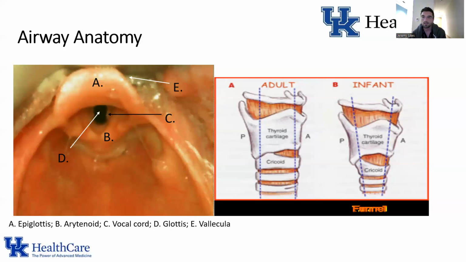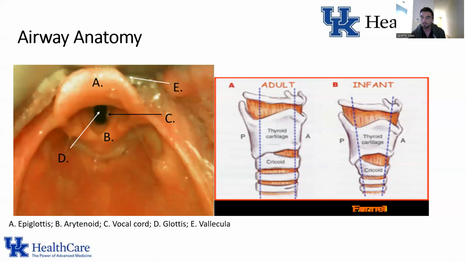So, a brief review of normal airway anatomy at the level of the vocal cords. You can think of the vocal cords as the transition zone between the upper airway and the lower airway. And then let's transition over to the picture on the right side, a pictorial to show you one of the key differences in childhood airway anatomy versus adult.